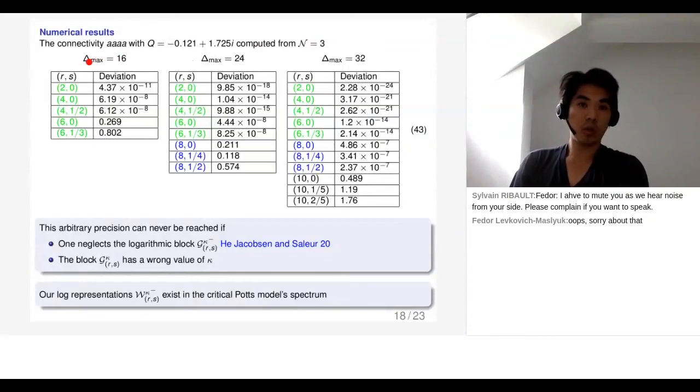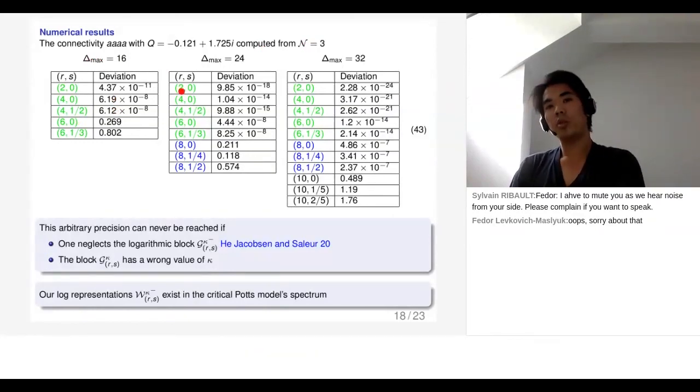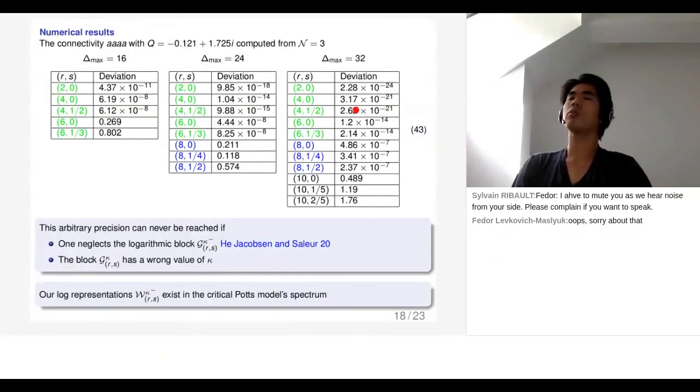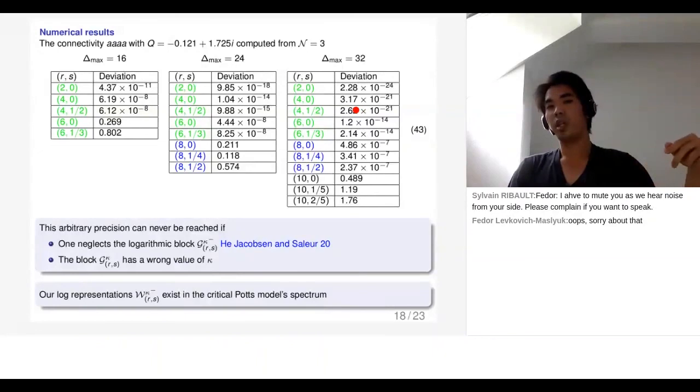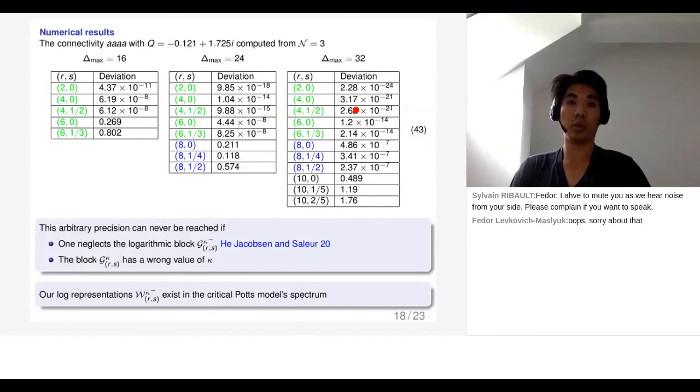For instance, at this value of the bound for the truncated spectrum, we obtain this deviation here for some structure constant. And as you increase the bound, you add more fields to the spectrum and it becomes more correct, so the deviations become smaller and smaller. We see here that as we increase the bound, the structure constants we found indeed converge to a constant value. So they are really the solution to the crossing equation for this connectivity.